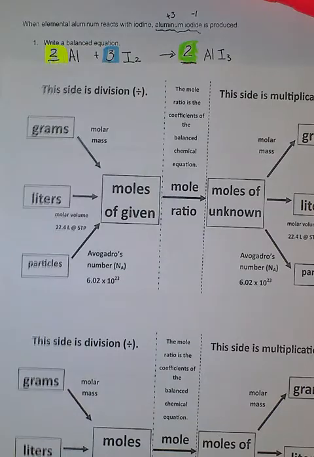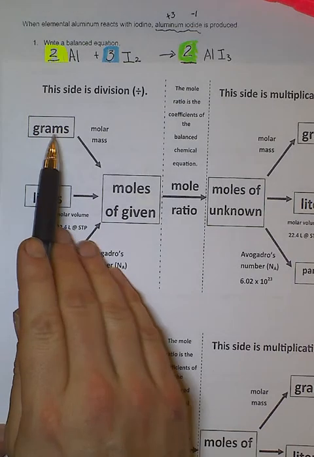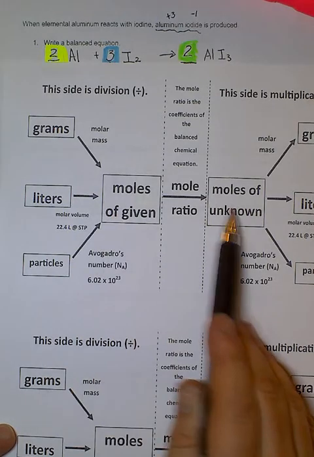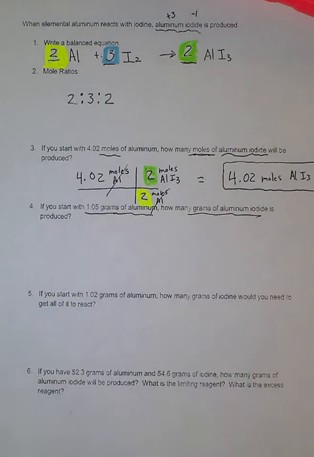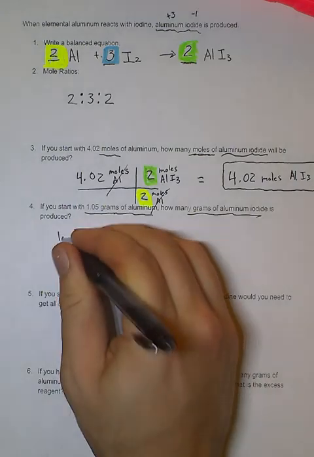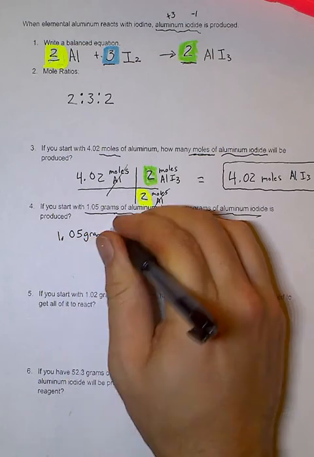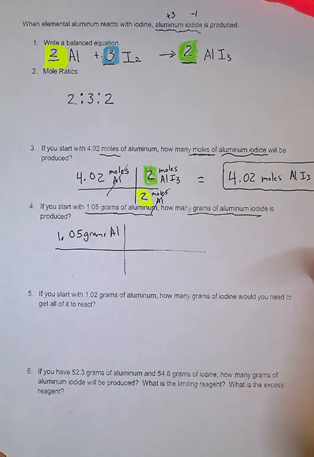We're going from grams, okay? We have to divide it by our molar mass. That'll give us the moles. We do our mole ratio as step 2, and we want to know grams back to grams. Three-step problem. So we have 1.05 grams of aluminum. And aluminum, let's take a look.